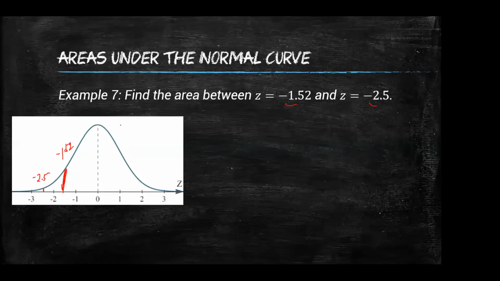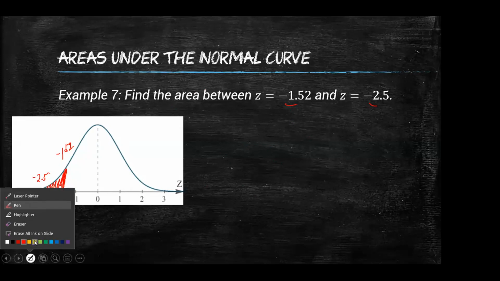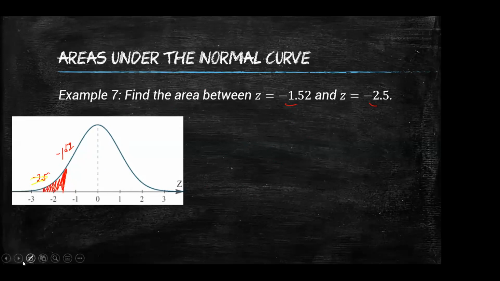So, ang hinahanap nating class is between negative 1.52 and negative 2.5. Isi-shade ko ng red. Yung area ng 2.5, gagawin kong yellow, ito, from here, papuntang 0.